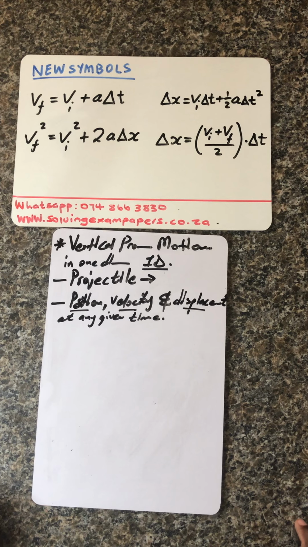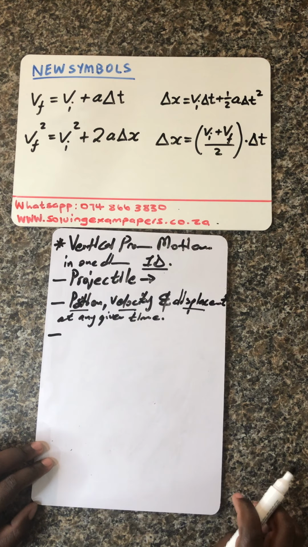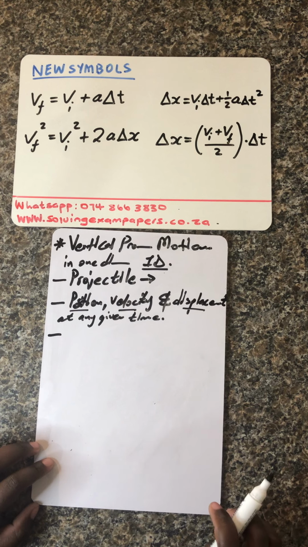Most importantly, ladies and gentlemen, for different scenarios. Okay, I'm going to quickly explain those different scenarios, but for now, let me just write this down, because it's also important that you write it down as part of your notes.